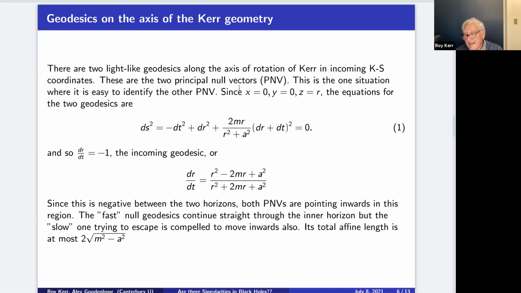Now, that actually says one thing. There's no trapped surface inside the inner horizon. So any talk about trapped surfaces and what they may imply doesn't tell us anything about what's going on inside this inner horizon.